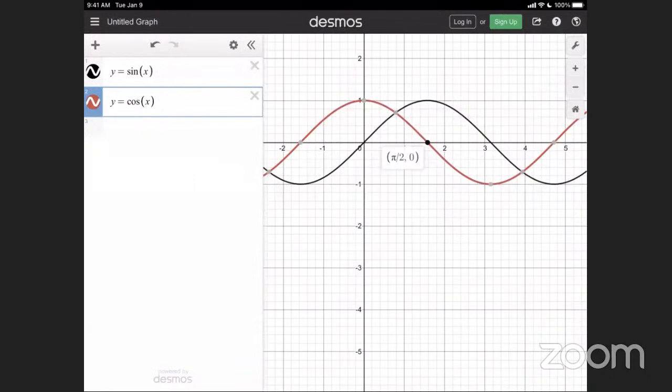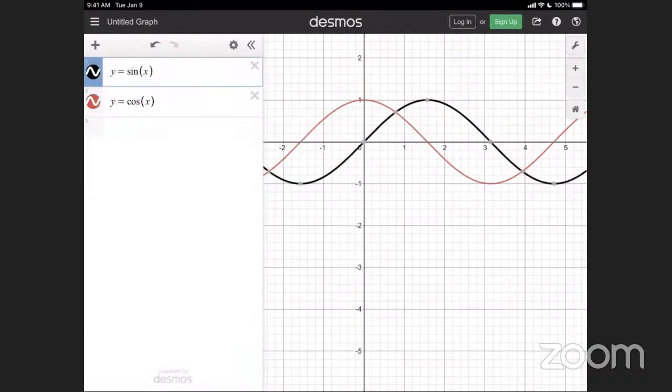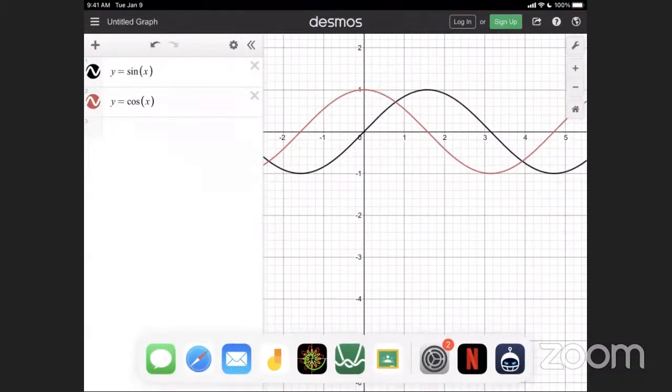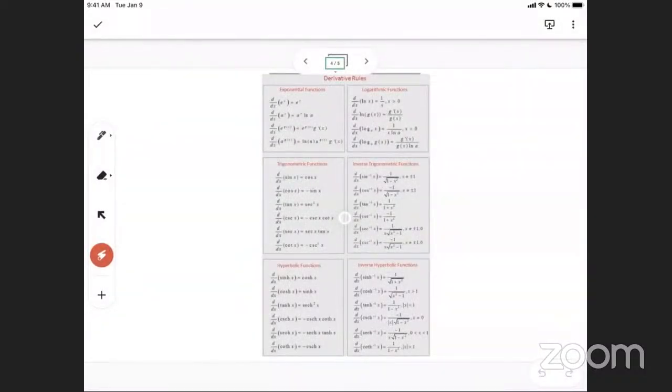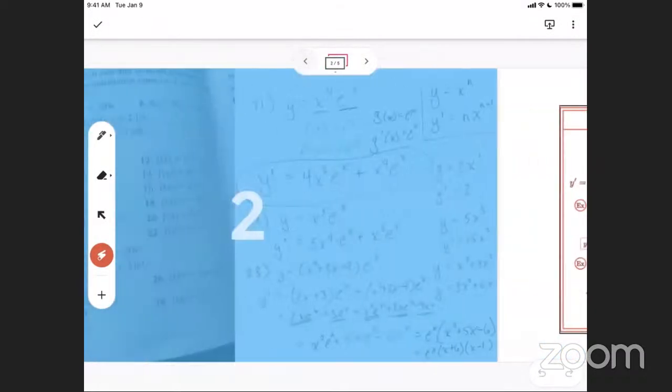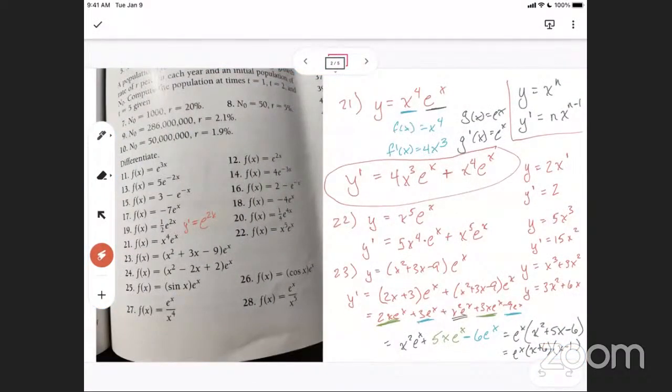So every one of those red zeros is going to correspond to either a max point or a min point on my original function. That make sense? So that's kind of the motive. That is actually one of the main points of calculus that I want to make sure you understand. It gets very tedious when you're doing all these calculations, but that's the main idea behind calculus, that it's going to help us find max and min points of the original function.